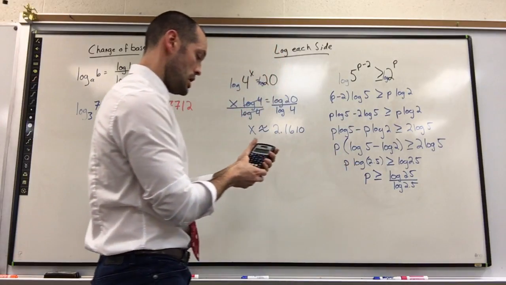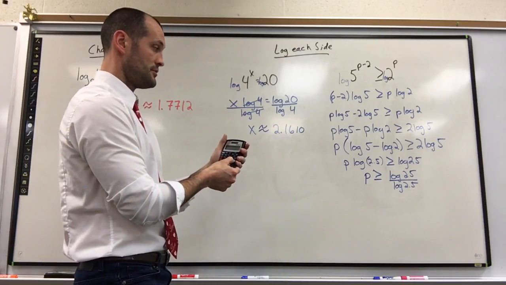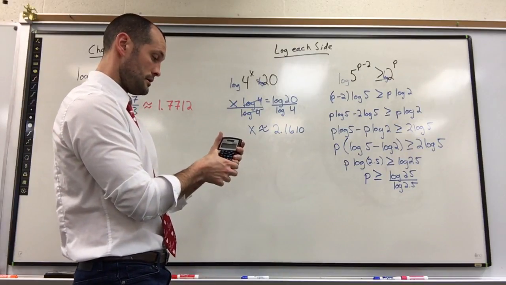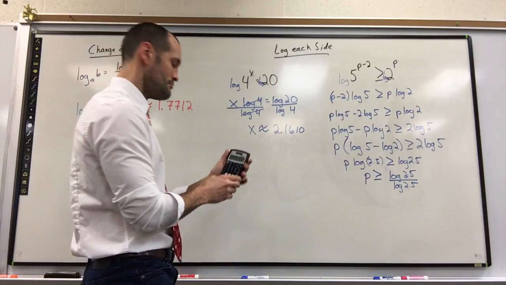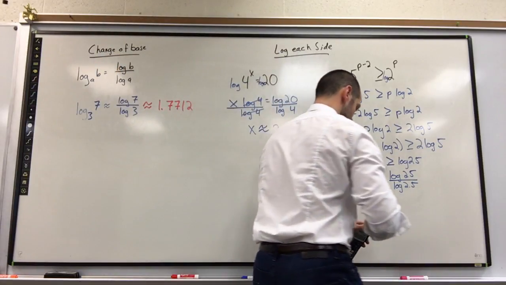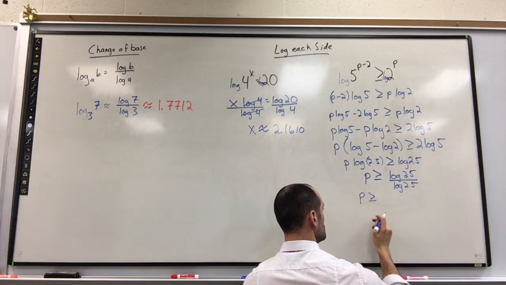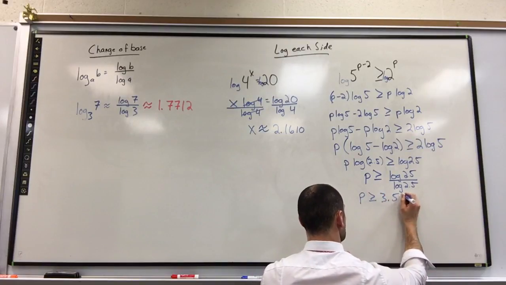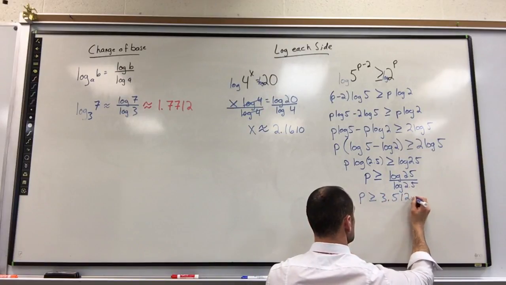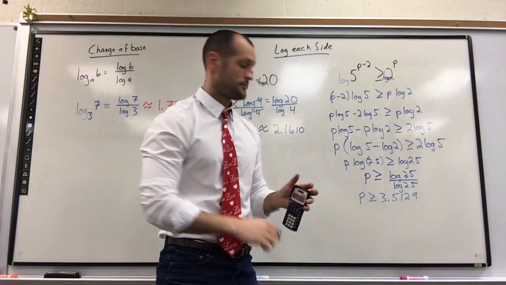Same button, log 25, end parenthesis, divided by log 2.5, end parenthesis. Bam. So, p is greater than or equal to 3.5129. That's a tough one.